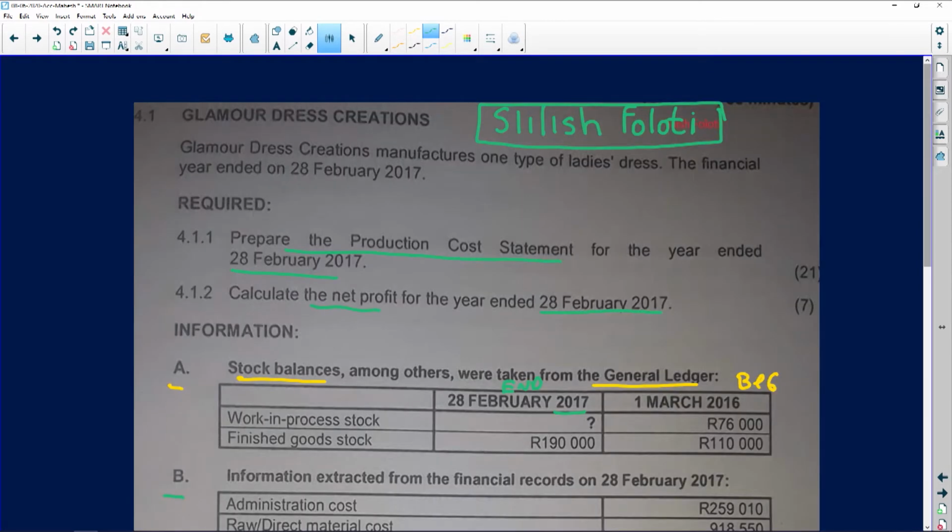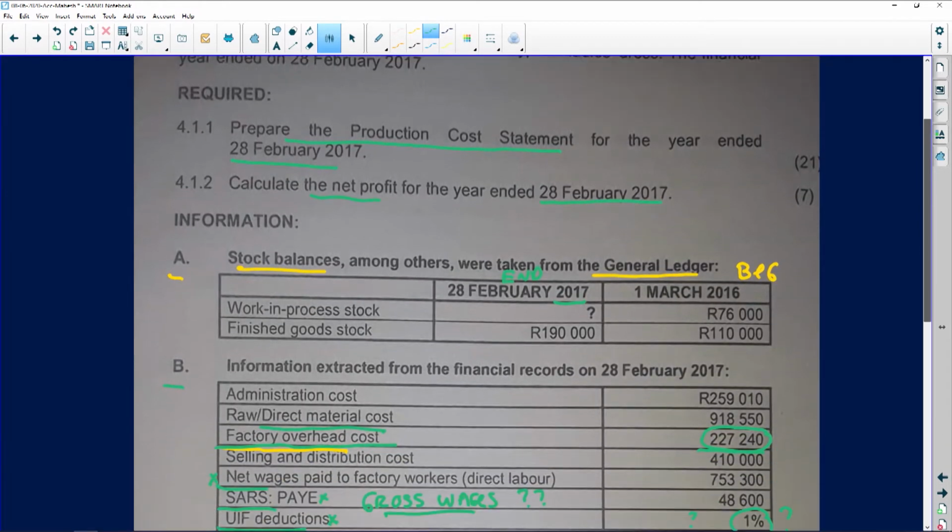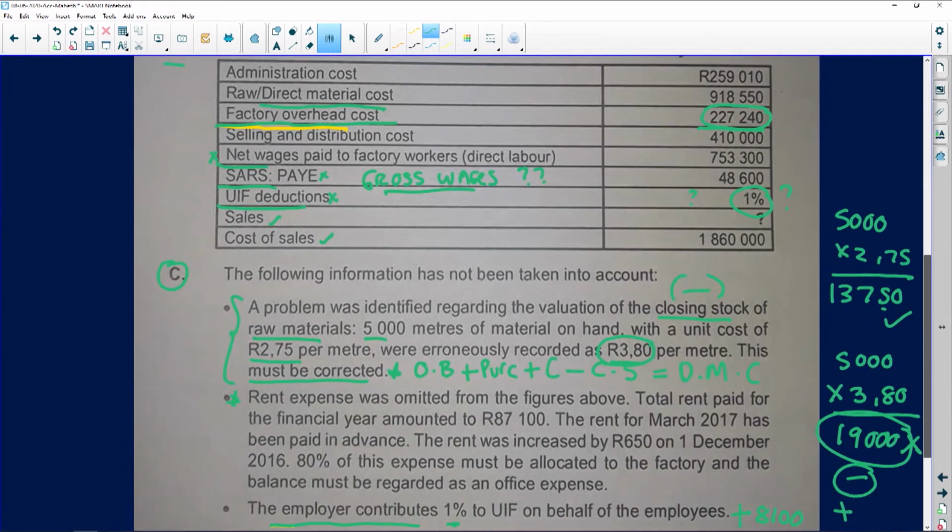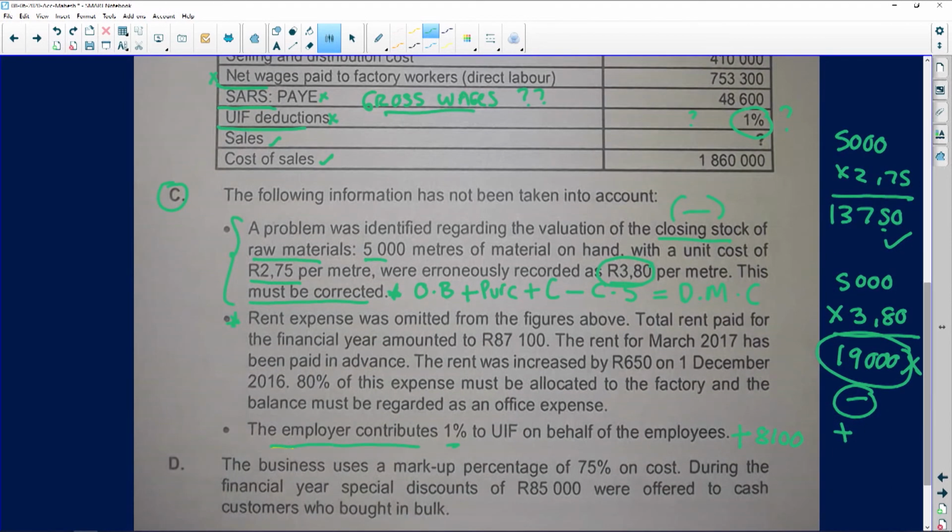So let's read the information first and then we'll calculate the actual adjustment itself. Rent expense was omitted from the figures above, so we obviously know that. Total rent paid for the financial year amounted to 87,100 Rand. The rent for March 2017 has been paid in advance.